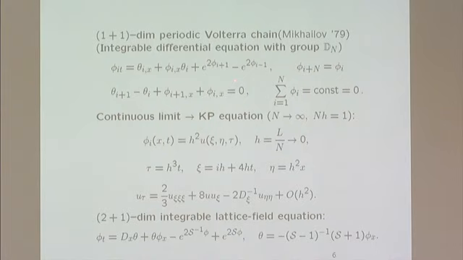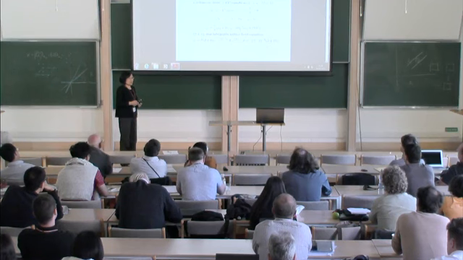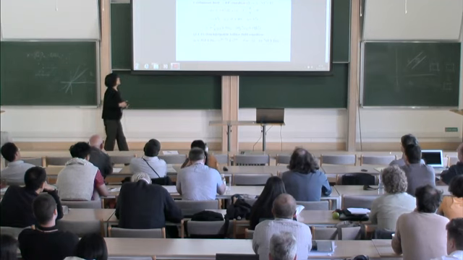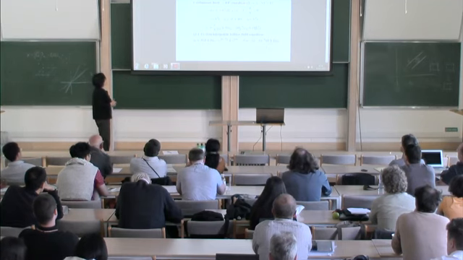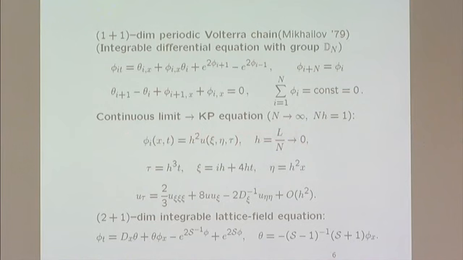So if you look at it periodic in phi, and you fix your n, you will have an n minus 1 component normal evolutionary system. But if you let n go to infinity and take the following continuous limit, you get our famous KP equation.